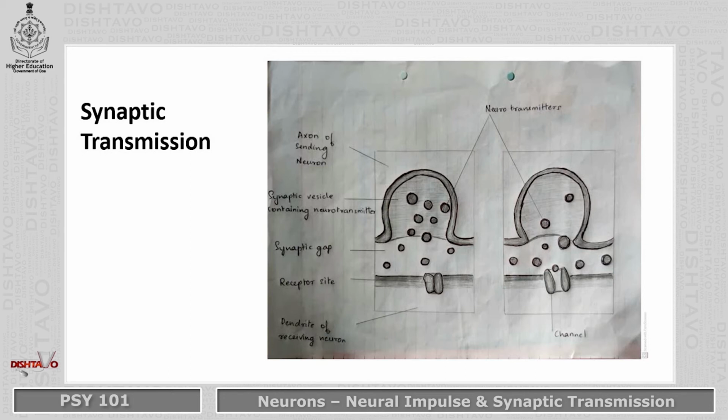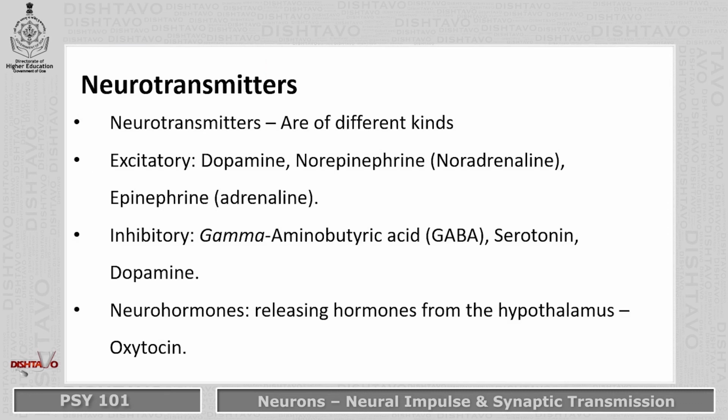Once the channel is open, the neurotransmitter takes across the message that is to be received by the dendrite of the next neuron. And so the message goes from one neuron to the other, through the neurotransmitters and to the next waiting neuron.